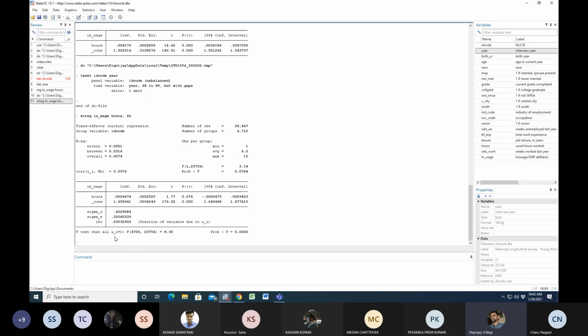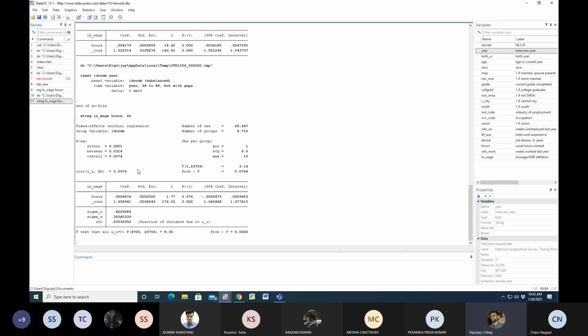It's telling you whether all those omitted lambda i's that we have removed through demeaning are 0. So the null here is that all those lambda i's are 0. Okay, and that null is rejected. So what this means is that those fixed effects are actually relevant in this regression. If suppose this null was not rejected here, then it wouldn't matter for us whether we do XTREG or do OLS. But what this is saying is that all those fixed effects are jointly statistically significant and have to be included in the regression.